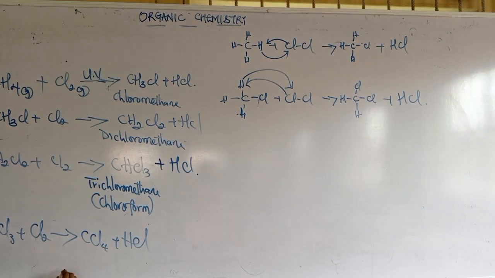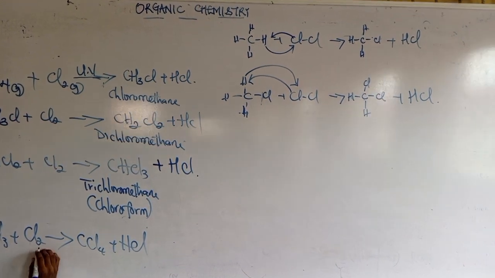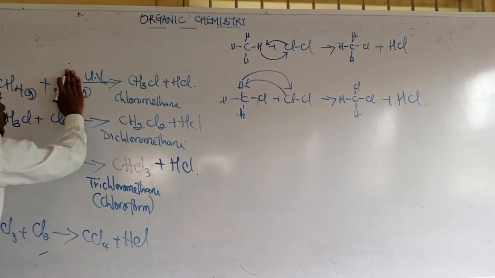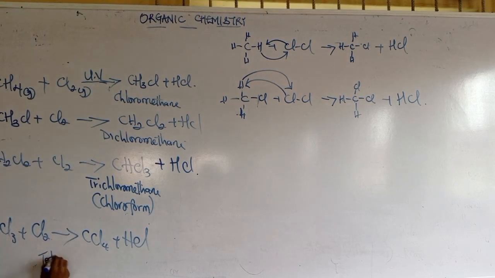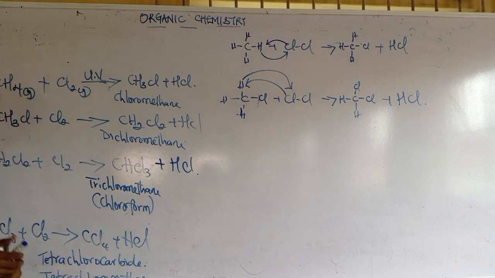This is called tetrachloromethane. So the last product formed is tetrachloromethane, and UV light is always used, and it's a 4-step reaction.